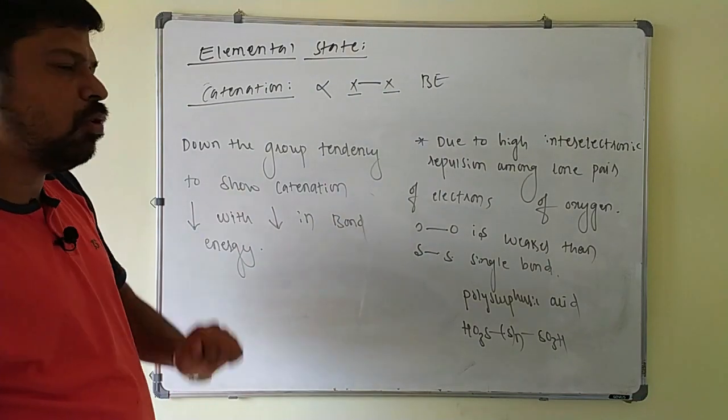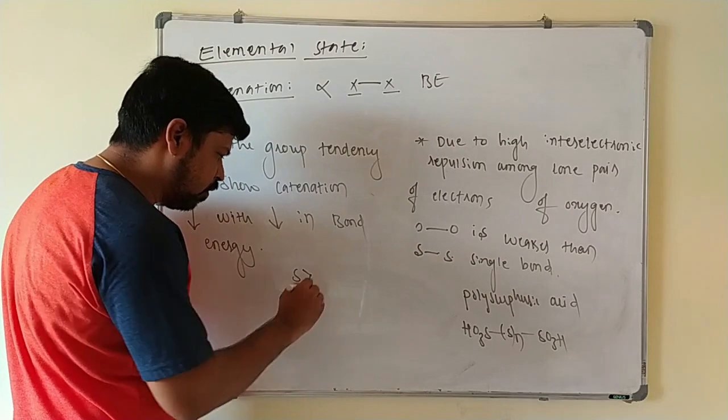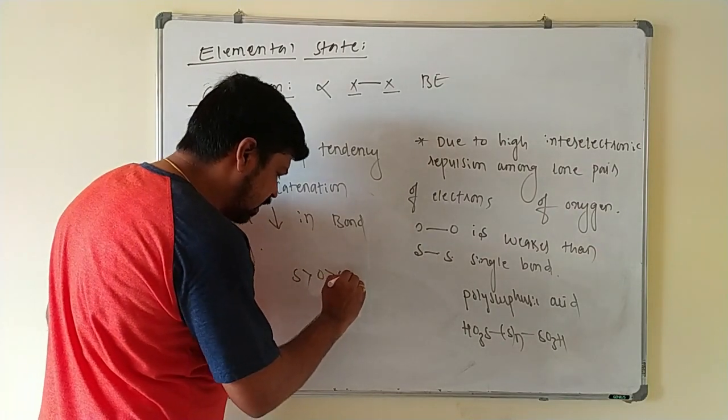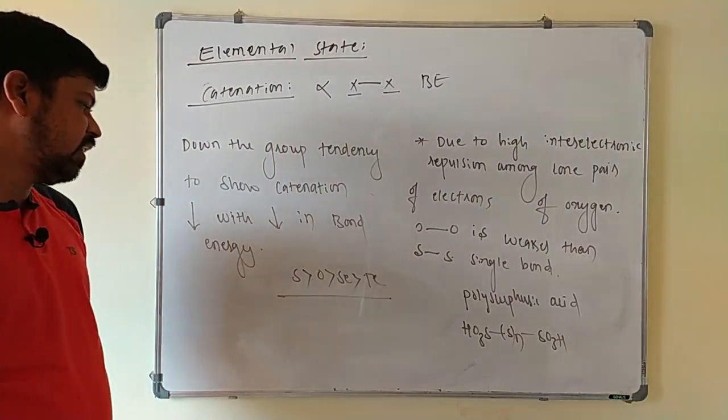Okay, this is about catenation. You can write the order also. Sulfur is more than oxygen, which is more than selenium, more than tellurium. You can write this order.